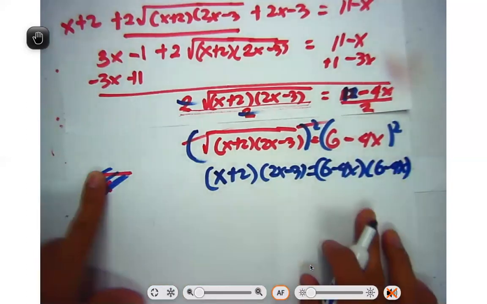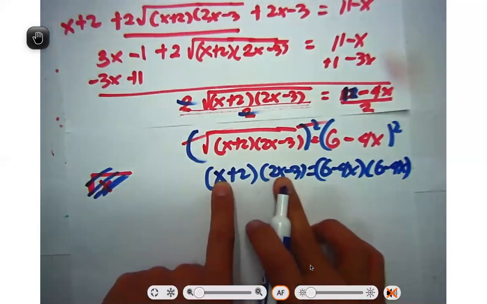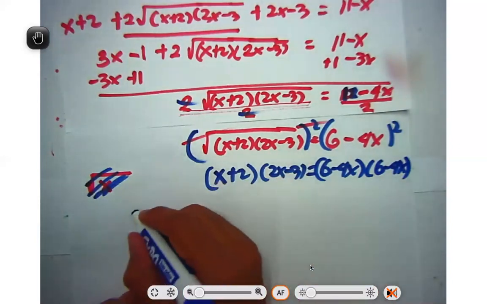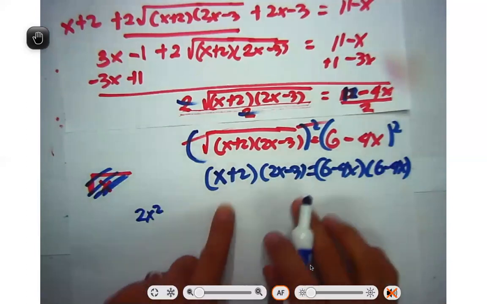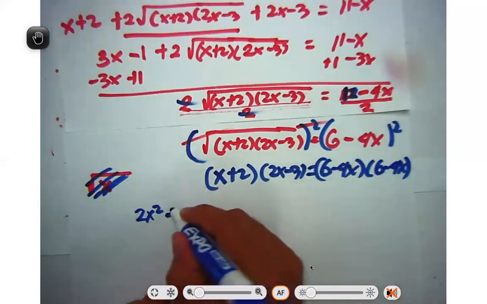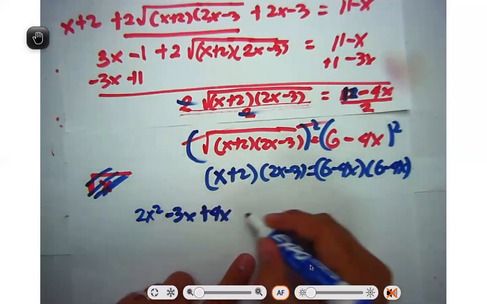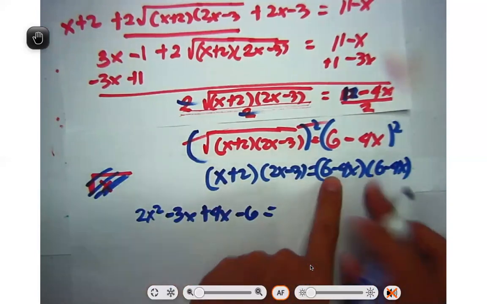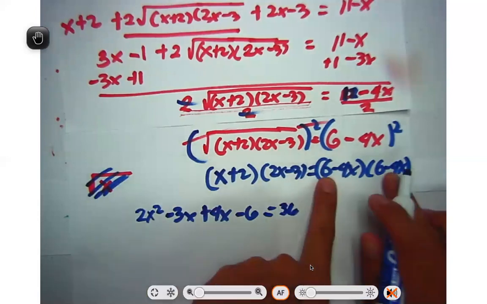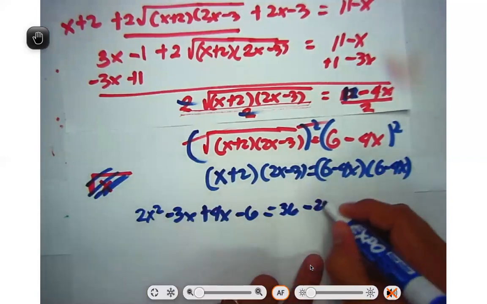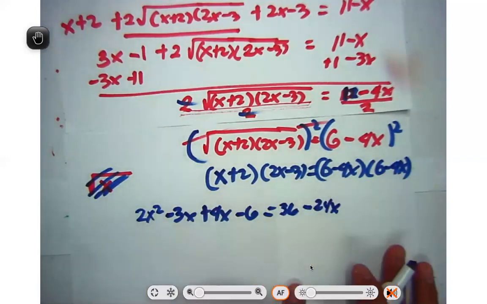All right, now we have x times 2x here, 2x squared, x times negative 3, negative 3x, 2 times 2x, you have 4x, 2 times negative 3, negative 6, and now here 6 times 6, 36, 6 times negative 4x, negative 24x. You can use a special product here if you want.